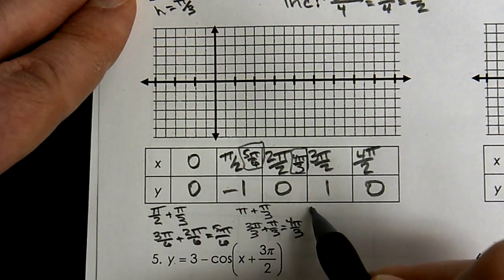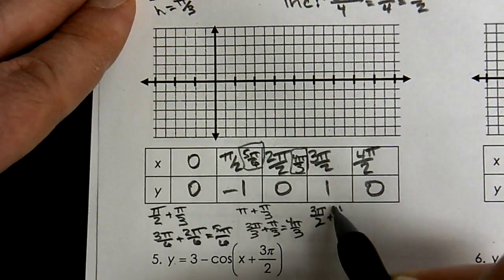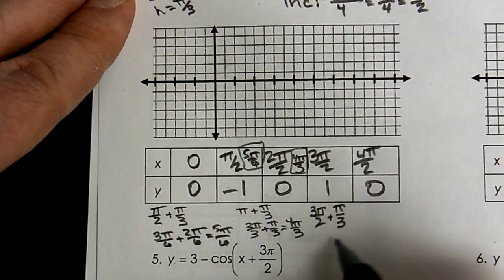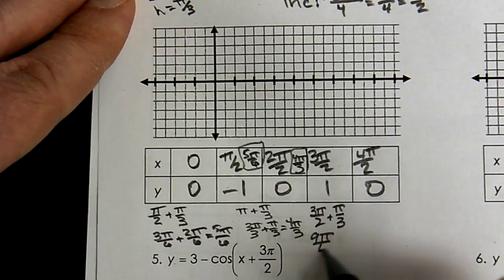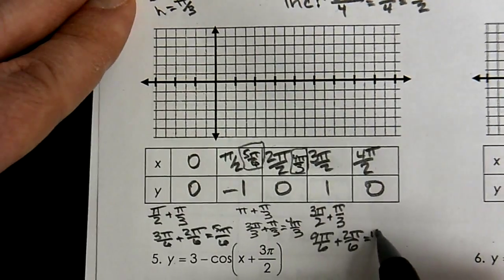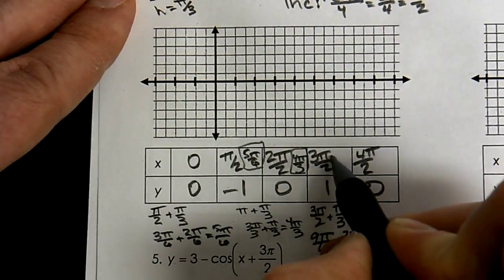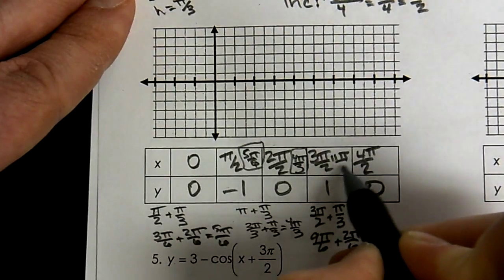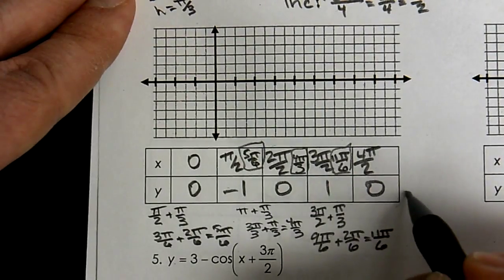Then we're going to take our 3 pi over 2 and add our pi over 3, get common denominators. And we get 11 pi over 6. And then our last one is 2 pi.